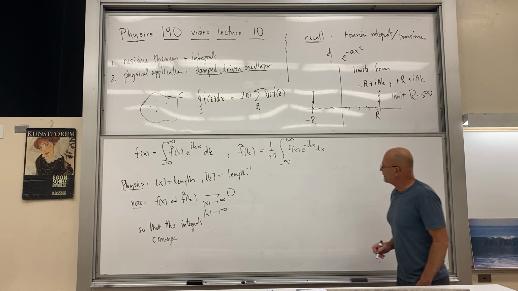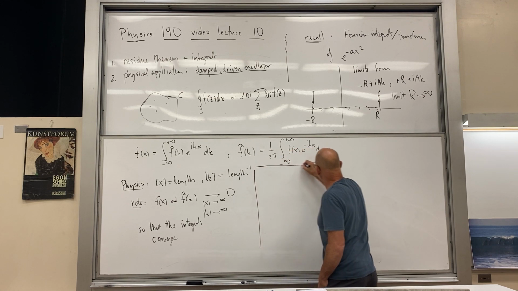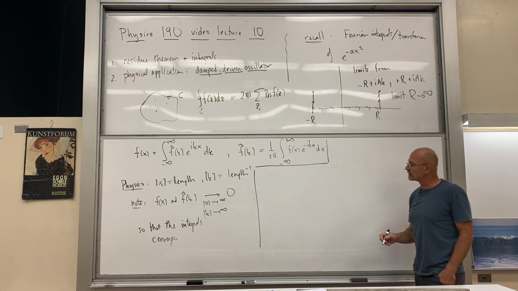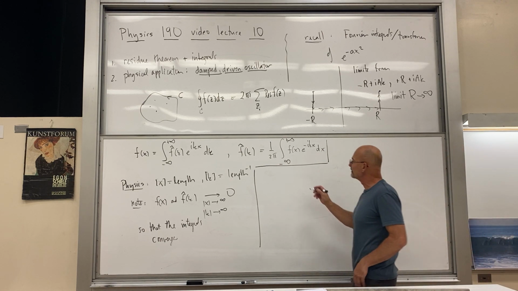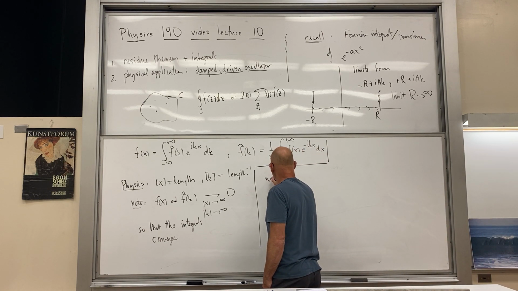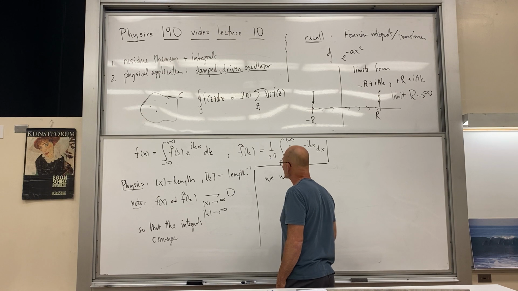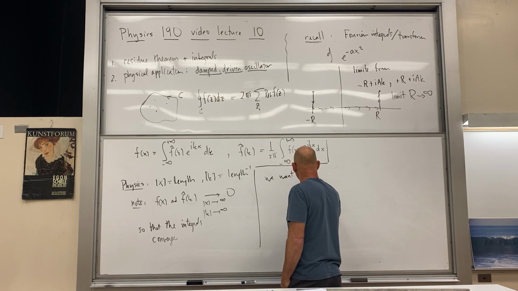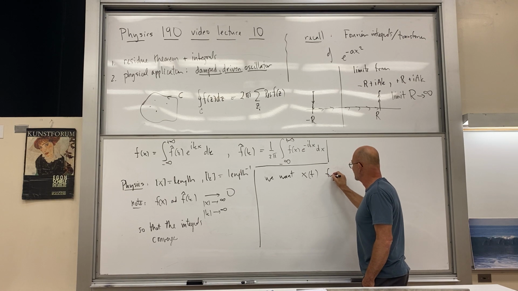Okay, so how do we translate this into our problem? We'll use this board. To translate this into time, because we're doing the oscillator, we want x of t.